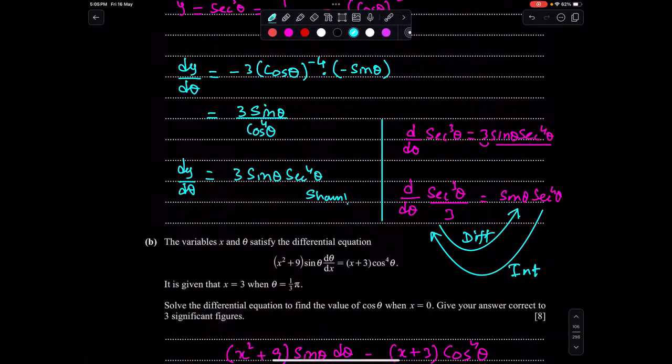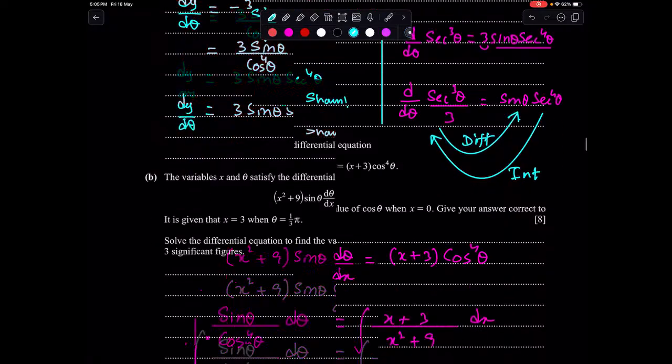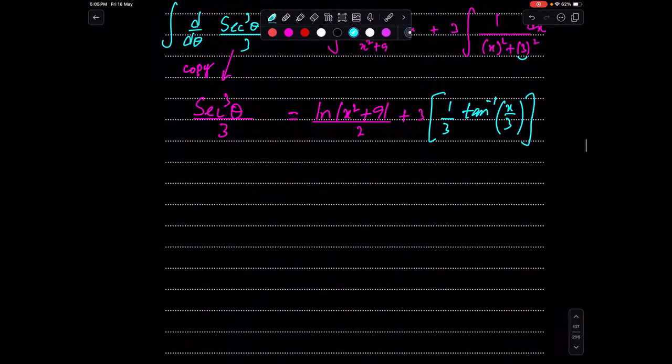Now the given information is x is 3 and theta is pi by 3. We can write sec as 1 upon cos, so cos pi by 3 whole cube.